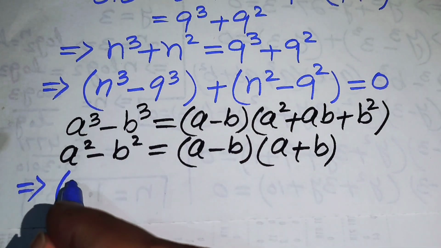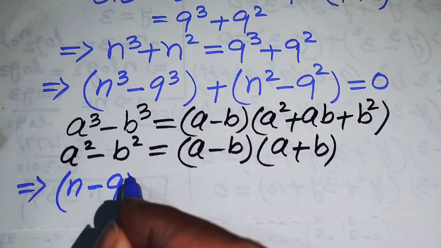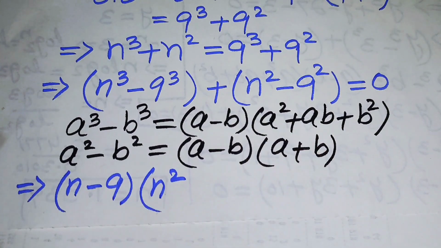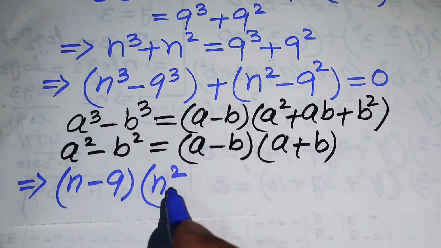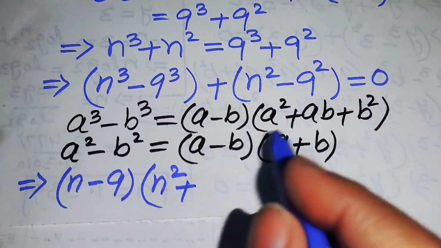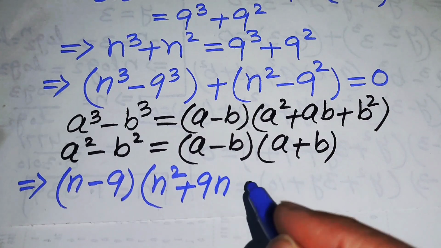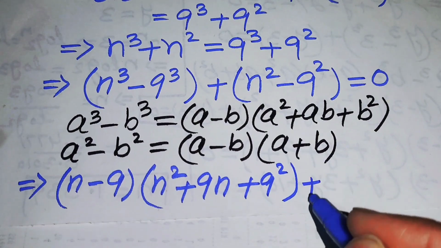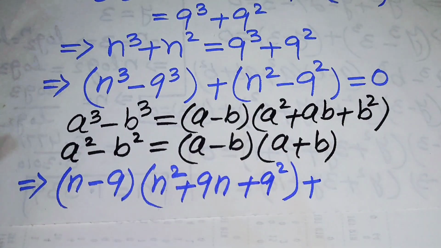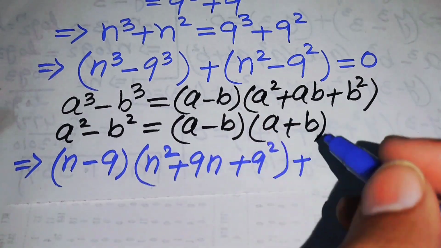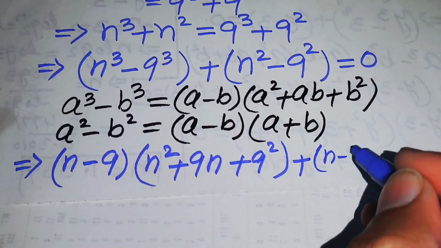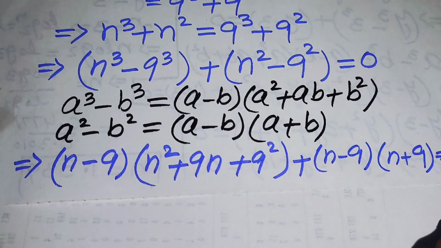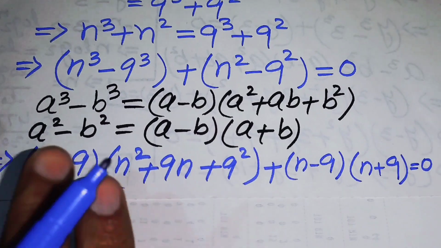So its output will be n minus 9 times n squared, because here we have a squared, so our a is n, and n squared plus ab, so it becomes 9 times n, plus 9 squared, and plus here we have n squared minus 9 squared, so it becomes n minus 9 times n plus 9, and this whole equals 0.